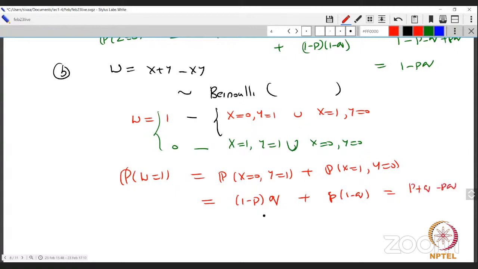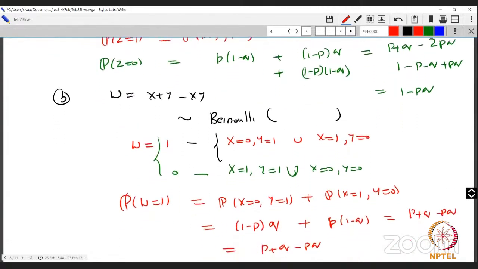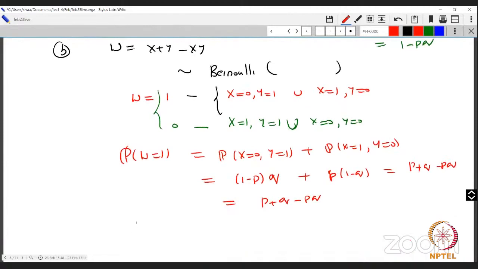And if you do this, this is just 1 minus P into Q plus P into 1. So W is what? W is Bernoulli of P plus Q minus PQ. Right? Very nice.